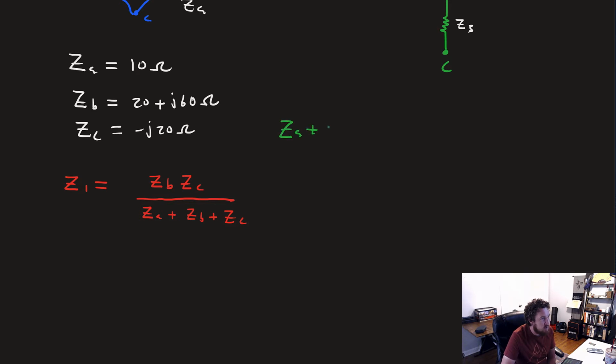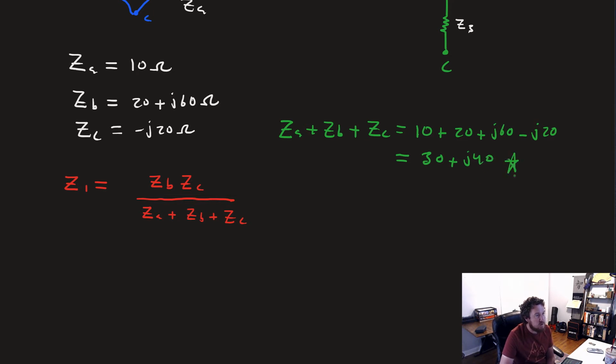So ZA plus ZB plus ZC is equal to 10 plus 20 plus J60 minus J20. So that's going to be equal to 30 plus J40. We'll just keep that and use it as we go down the chain here.